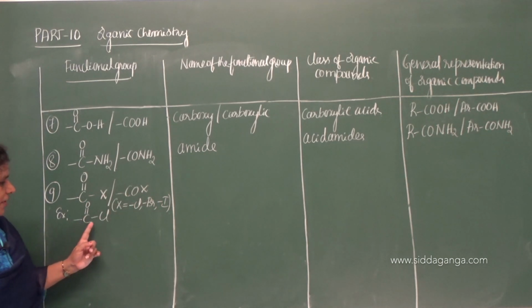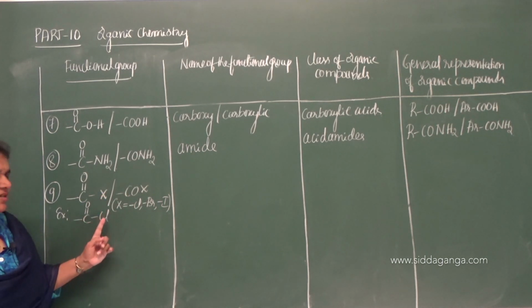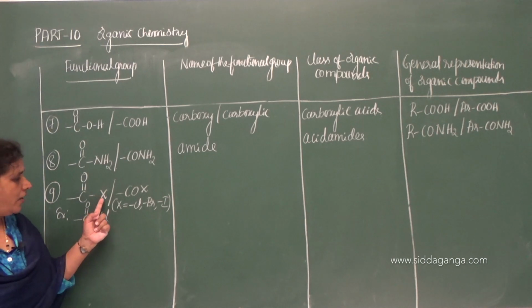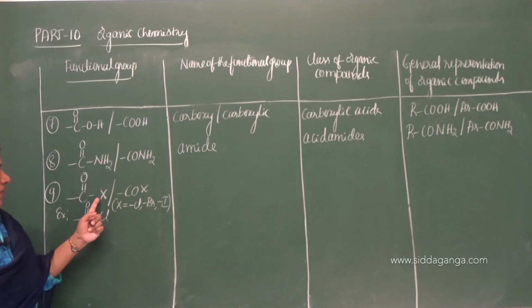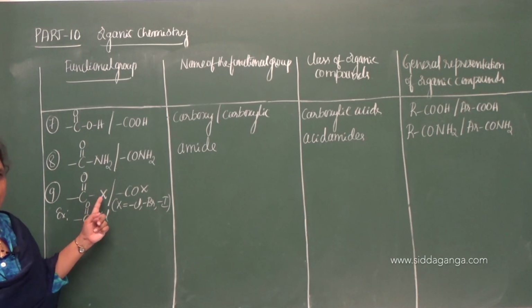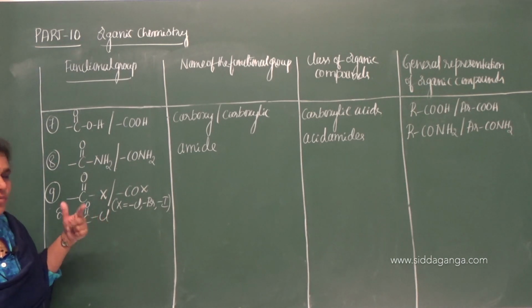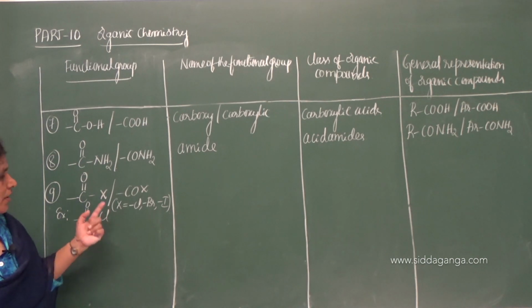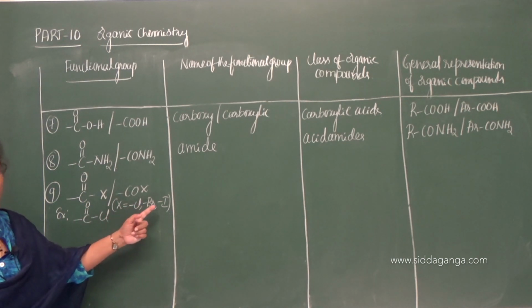I took the example of Cl here in place of X. In organic reactions we represent halogens as X, so X2 means a halogen molecule, like Cl2.